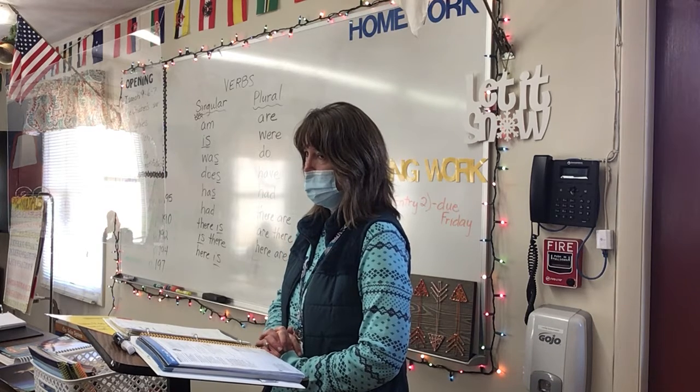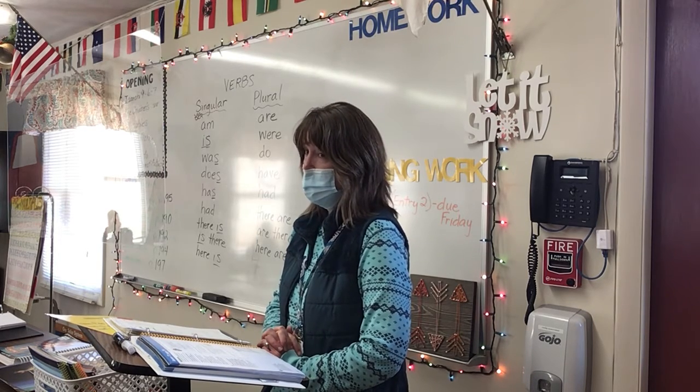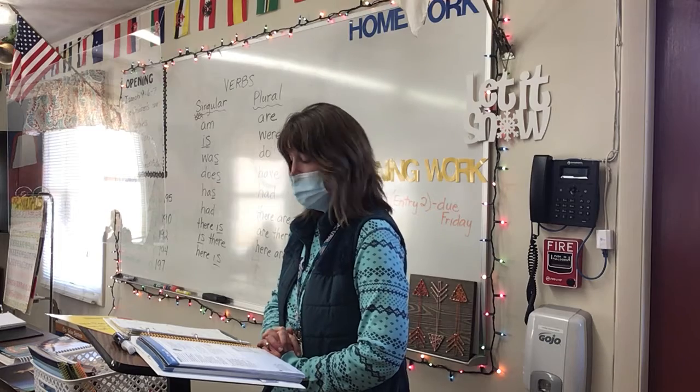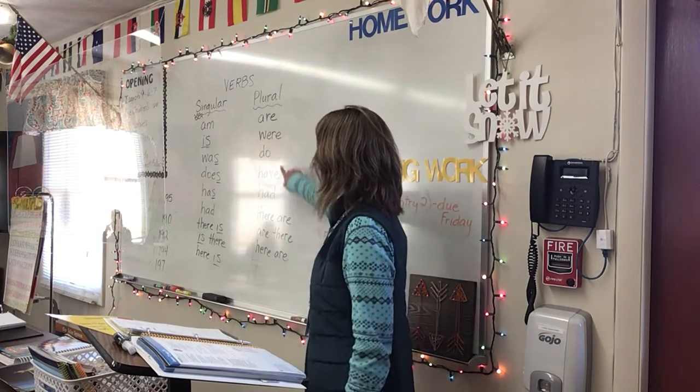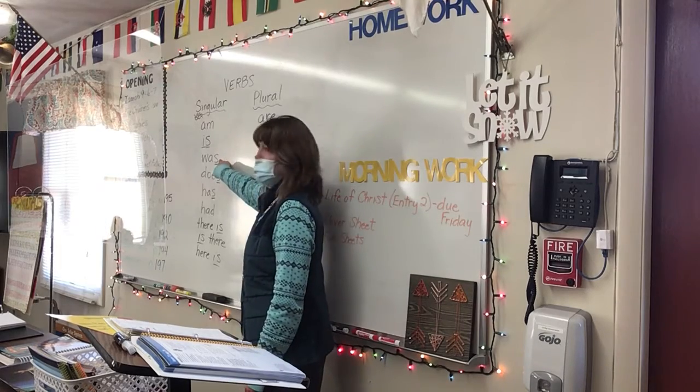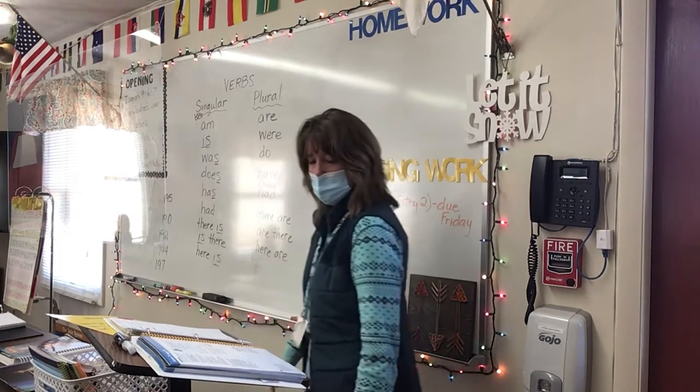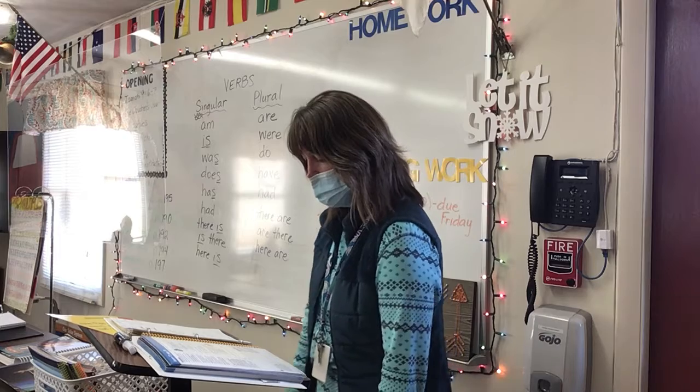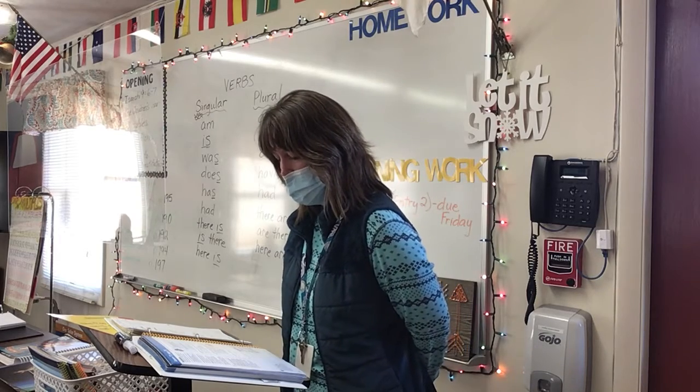How many people is Grandma? One. So we need singular, right? Is weren't singular? No, weren't is plural, so we need to say wasn't. We would need to say wasn't Grandma going to scramble some eggs too?